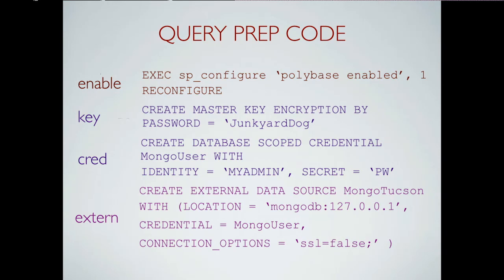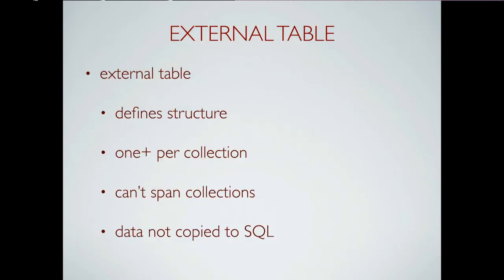Okay, so now we're ready to use it. The next thing we have to do is create an external table. Think of an external table as a mapping or a view into the Mongo data. SQL is very structured, but Mongo isn't, so we have to tell it, when I go grab this data from Mongo, what can I expect to be there.